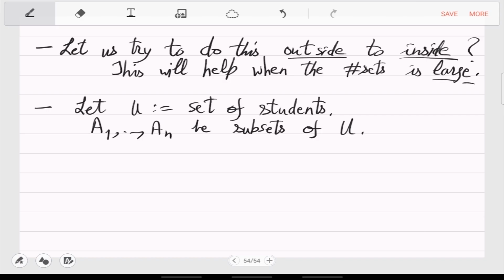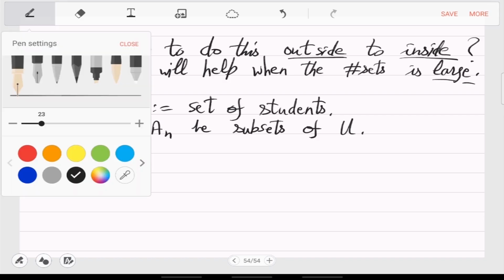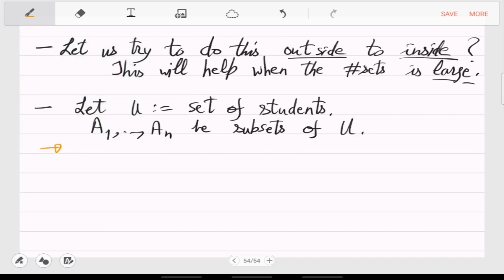And what we will need, like we needed before, is for every subset I of 1 to n.